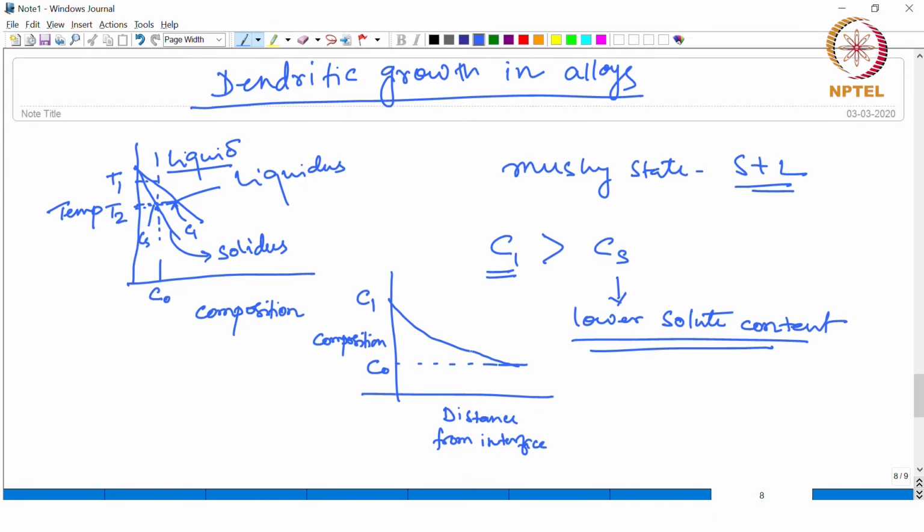And therefore, if you now plot the liquidus temperature as a function of distance, it will increase with the increasing distance and eventually will level off when the actual liquidus temperature of the alloy is reached, that is, it will level off at T1.